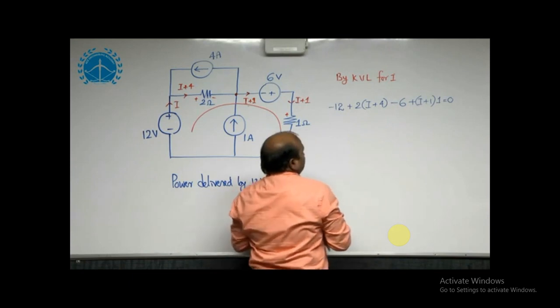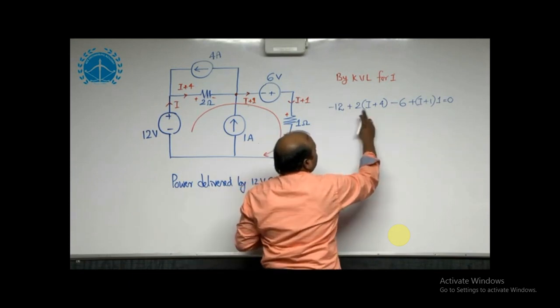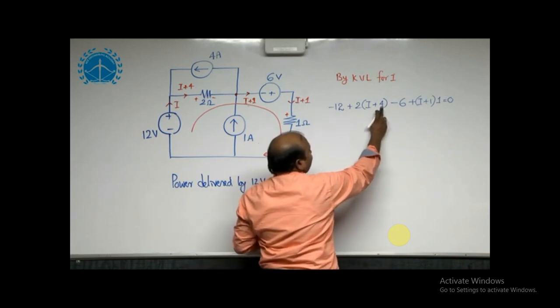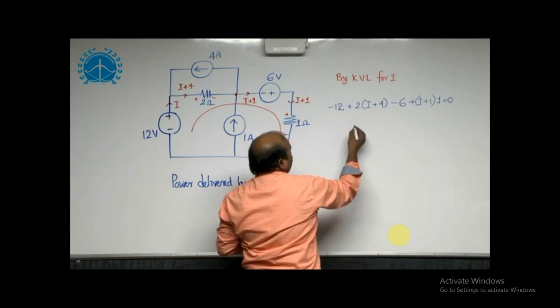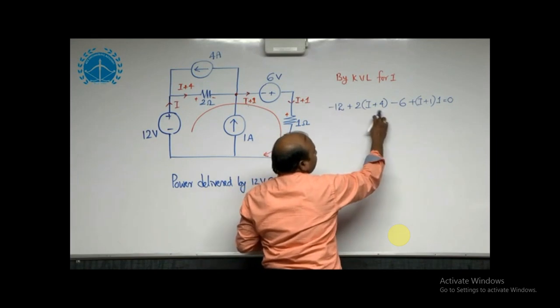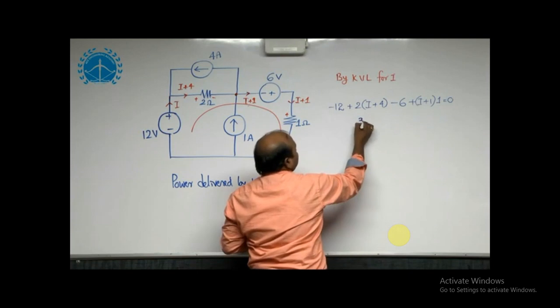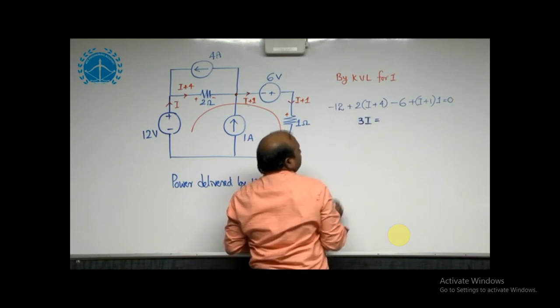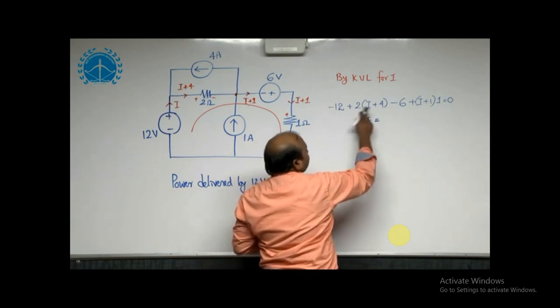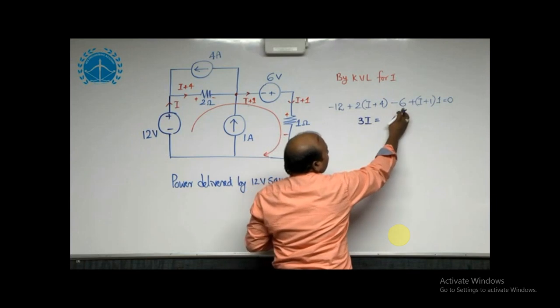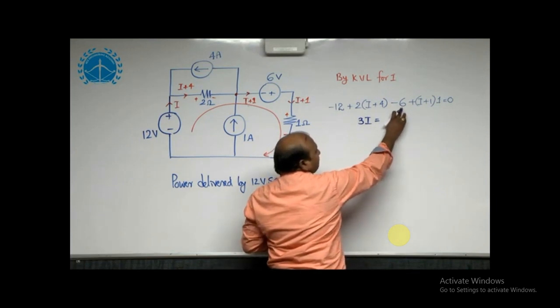From this you will get it: this is plus 12 and 2 into 4, 8. You are getting minus 4 and 2I. This is I, 3I you are getting.